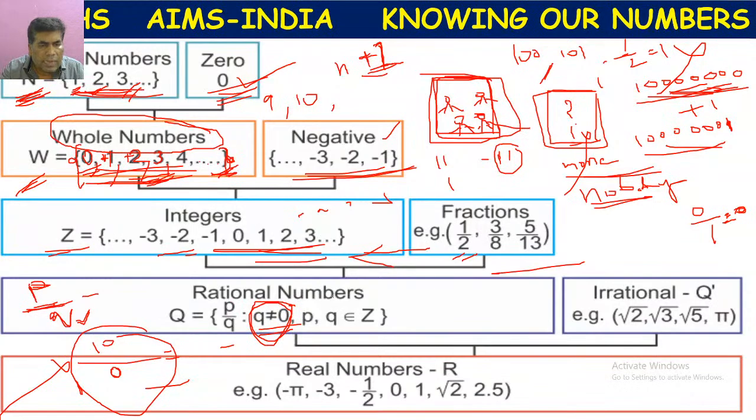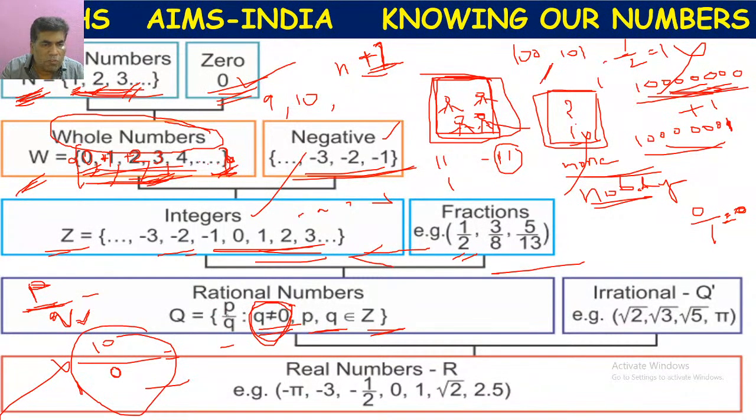So rational numbers will be in the form of P by Q, but one condition is there. Q should not be equal to 0. Means denominator should not be equal to 0. And one more thing, P comma Q belongs to Z. Z means integer.